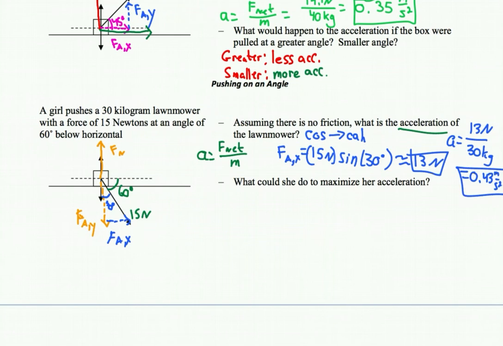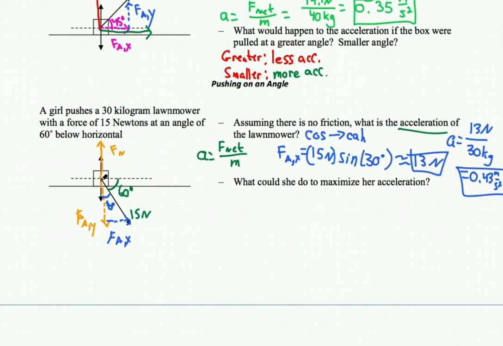And the last thing to finish up here is another conceptual question. What could she do to maximize her acceleration? So instead of pushing down, she's wasting a lot of her push just pushing down into the ground. She's pushing down, but it's just balanced, it's just making the normal force bigger. The ground's just pushing back and she's wasting all that push. So what she could do is decrease the angle that she's pushing at, so she's pushing more horizontally.